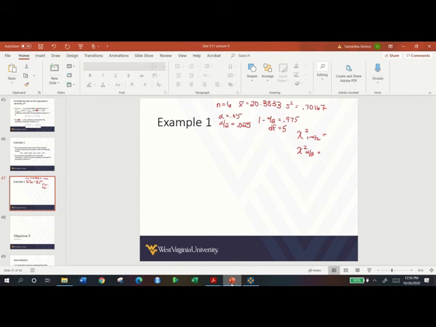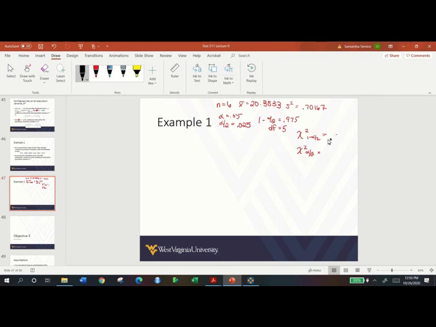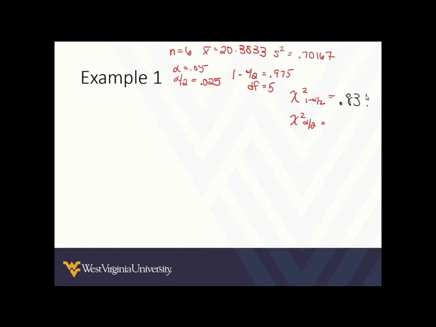So our statistic for the 1 minus alpha over 2 is going to be 0.831. And our chi-squared for alpha over 2 is 12.833.